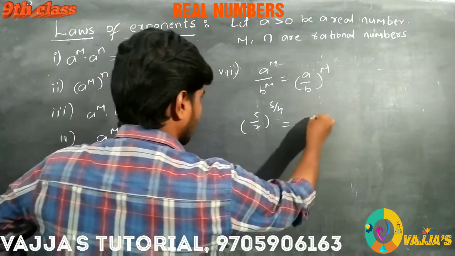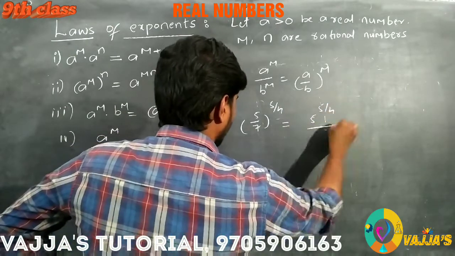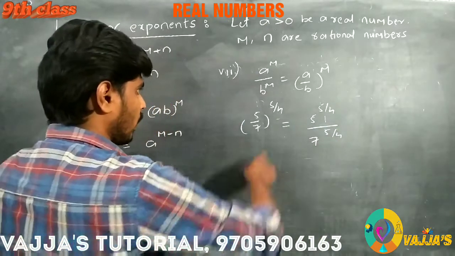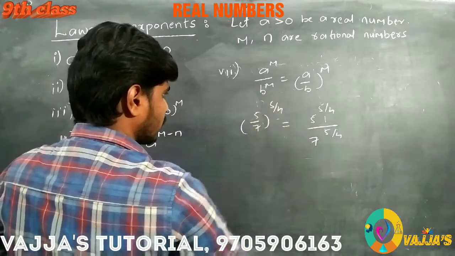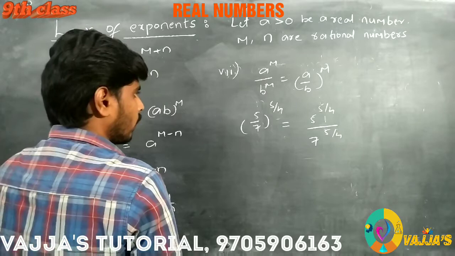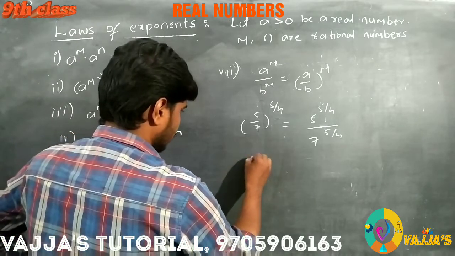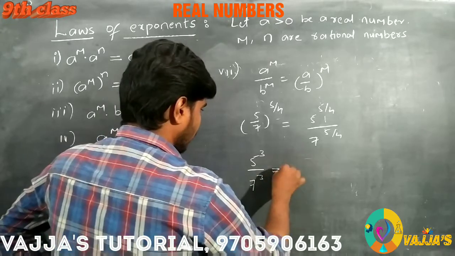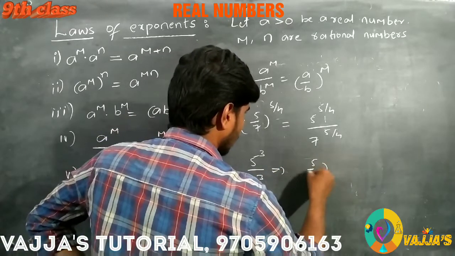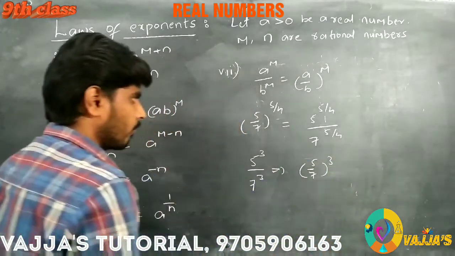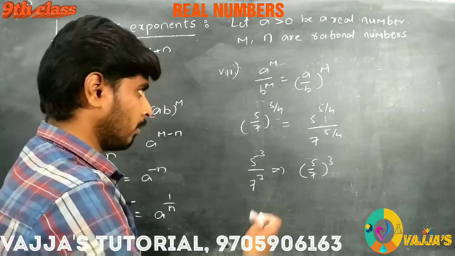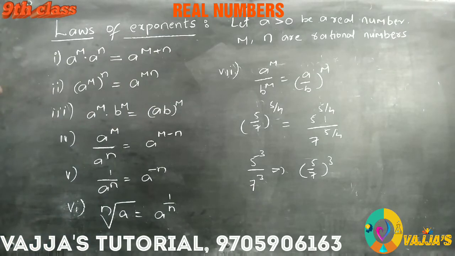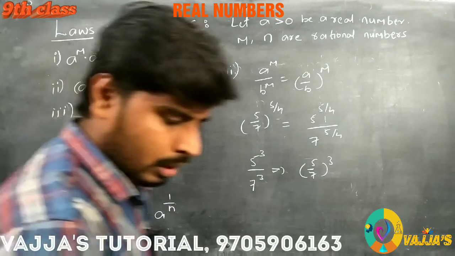This we can write as 5 power 5 by 4 by 7 power 5 by 4. I have written it in reverse, but no problem. Suppose 5 cube and 7 cube are there, we can write 5 by 7 whole cube. We can make many examples here. This is about laws of exponents. We shall see surds next.